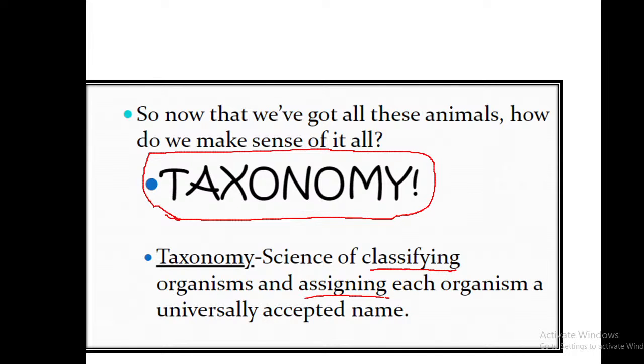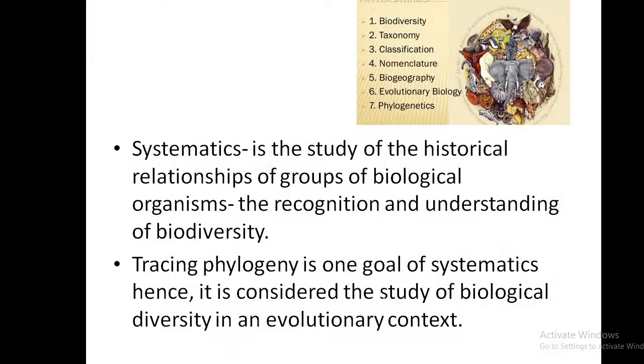That is what is known as taxonomy. So taxonomy is first of all a branch of zoology, a branch of science. And if we are talking about animals, it is classifying organisms and assigning each organism a universally accepted name. That is known as taxonomy.